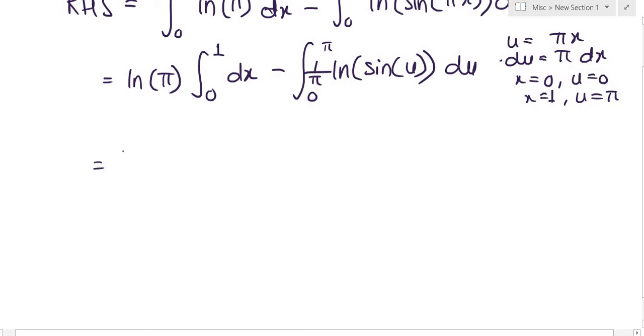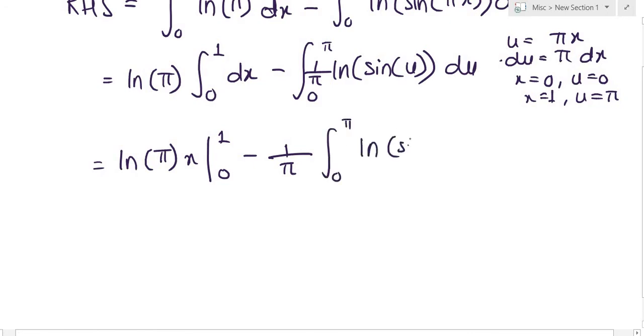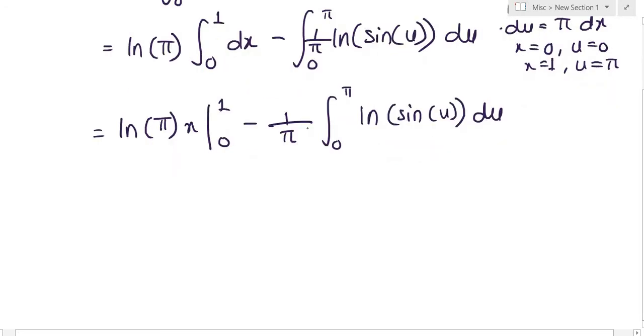Well, we can evaluate this. We have the natural log of pi times x being evaluated from 0 to 1 minus 1 over pi, a constant, times the integral from 0 to pi of the natural log of sine of u du. Now we can easily calculate this.